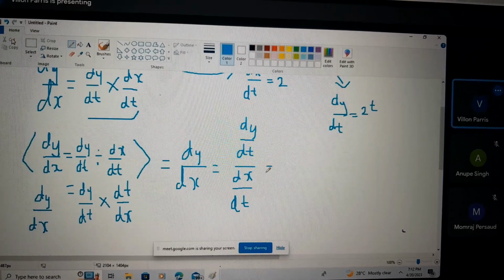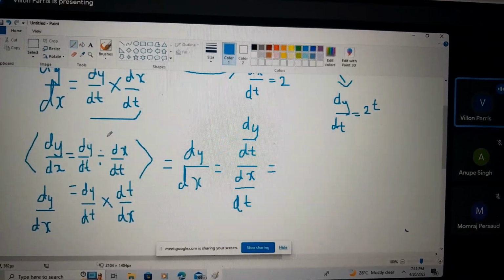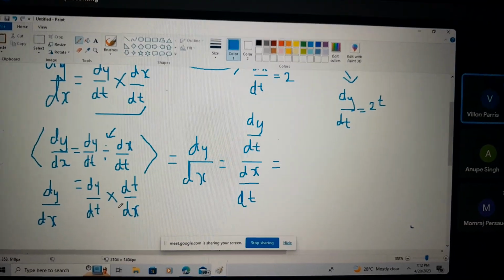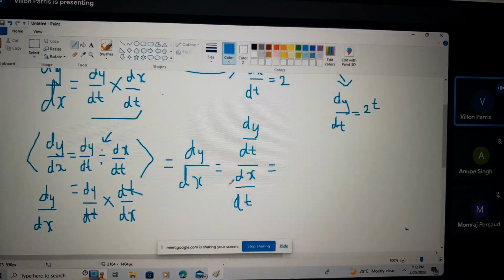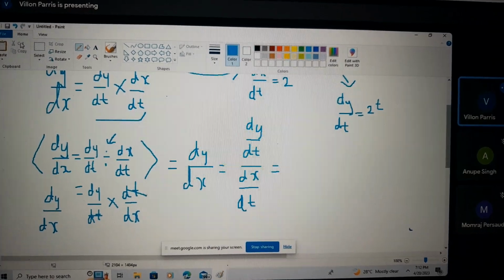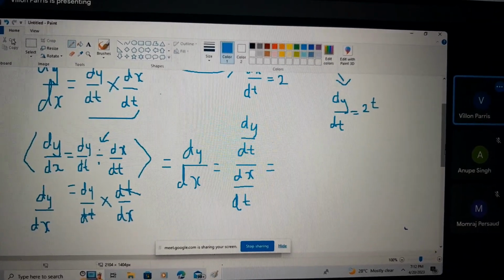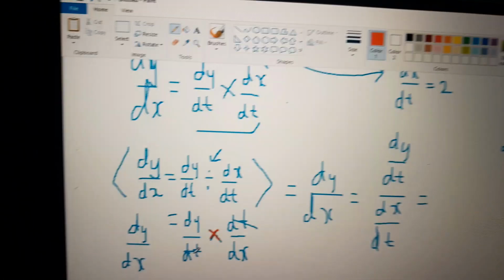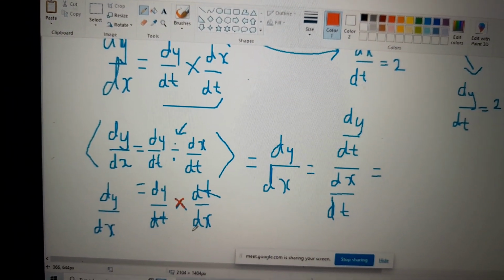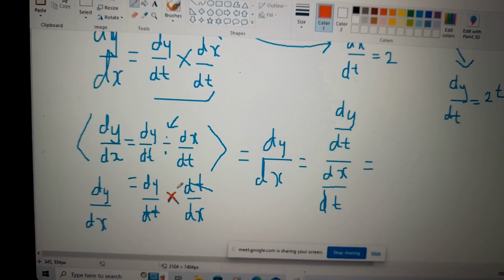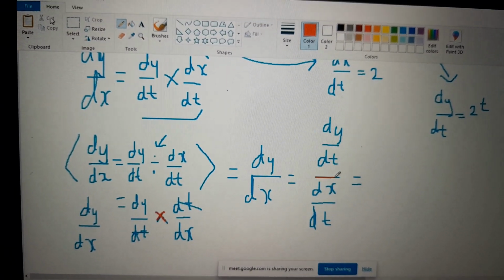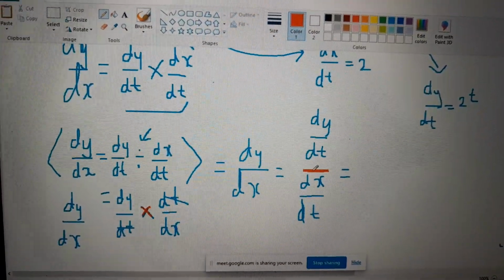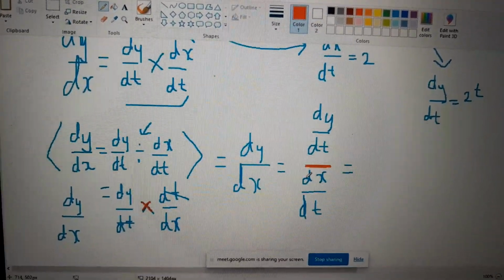Please copy that. So we are dividing dy/dt by dx/dt. With the chain rule it would be du/dy times du/dx, but instead of multiplying, for parametric we have to do a division. So that's the only difference.